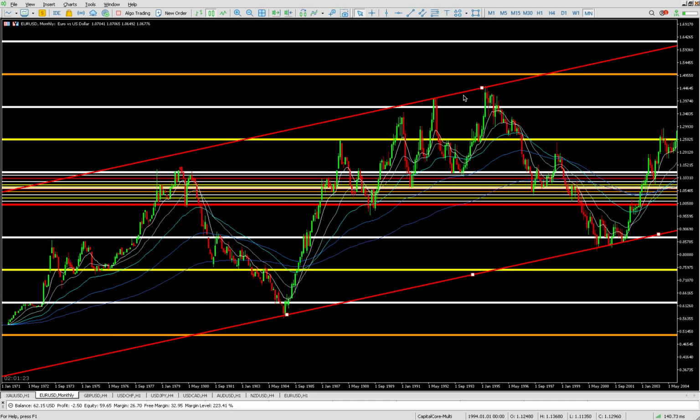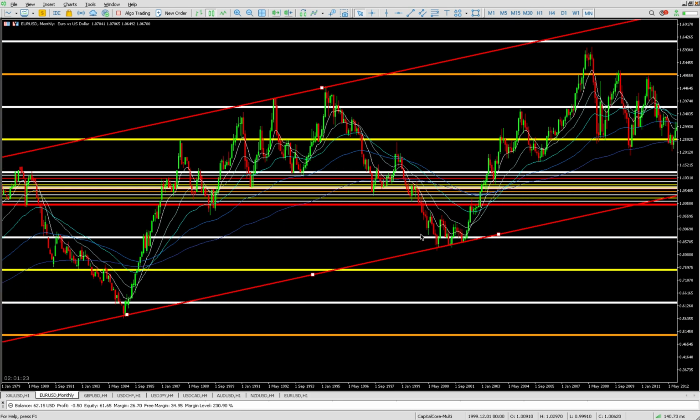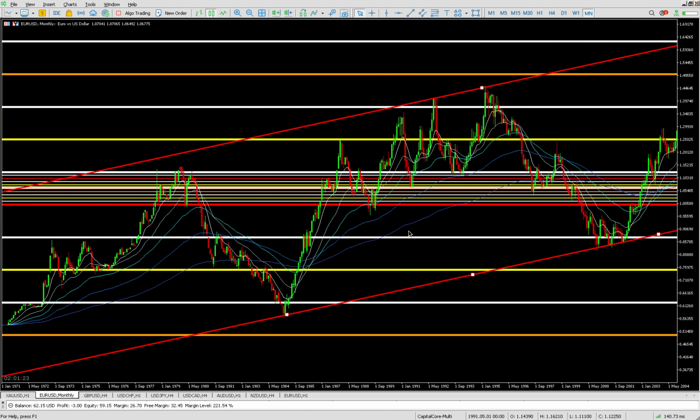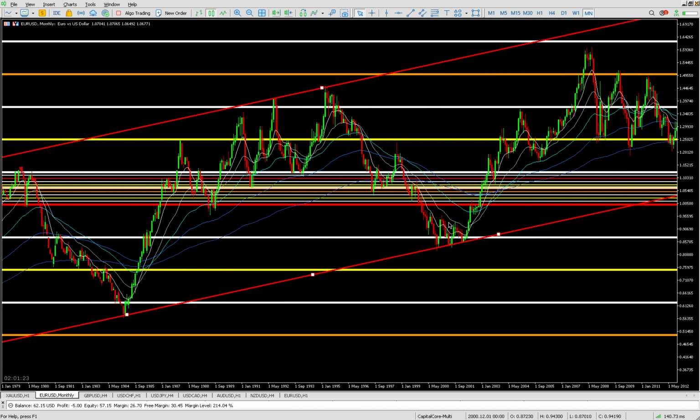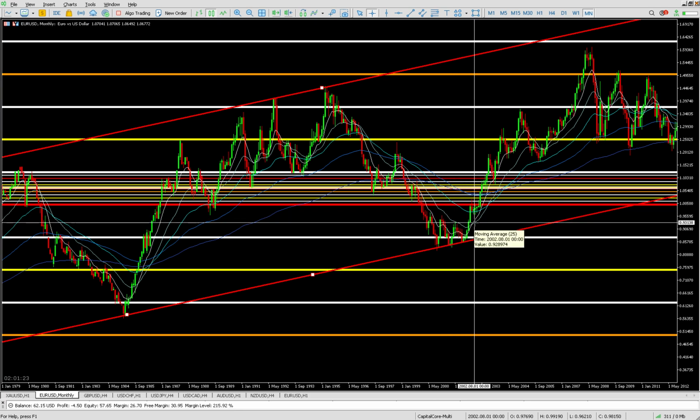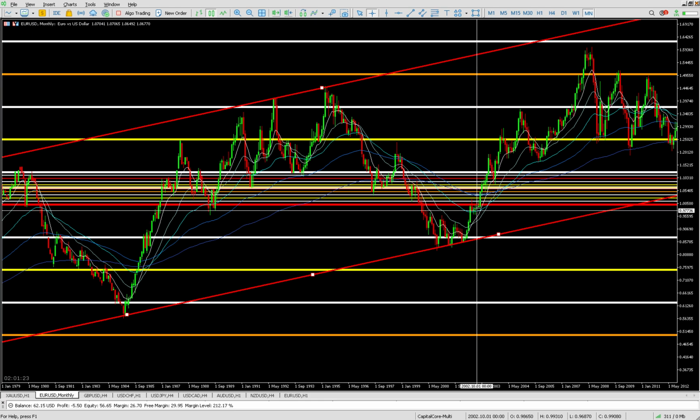This is an equidistant channel, so you drag to the top of the range here. We would not have been able to draw this until it broke this neckline over here at the end of 2002.